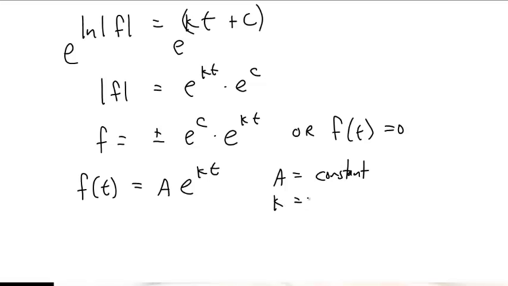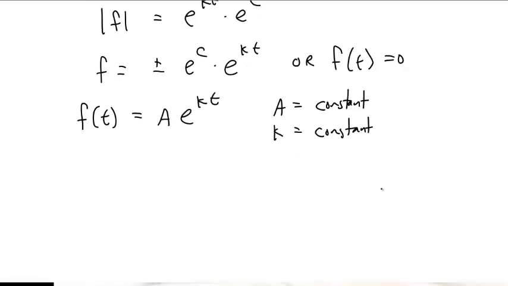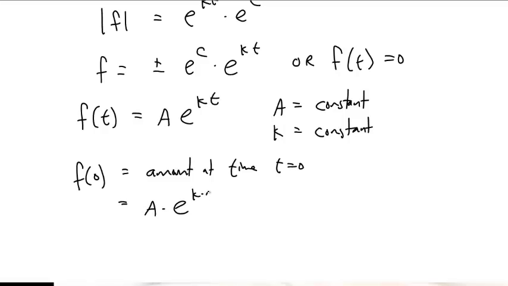And k is, what is it? It's sort of your growth rate, your proportionality constant. Well, k is a constant too. In fact, we can go a little bit further. f of 0 is the amount at time t equals 0, and f of 0 is a times e to the k times 0, which is a times e to the 0, which is just a.